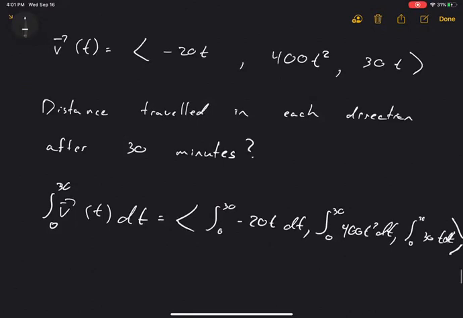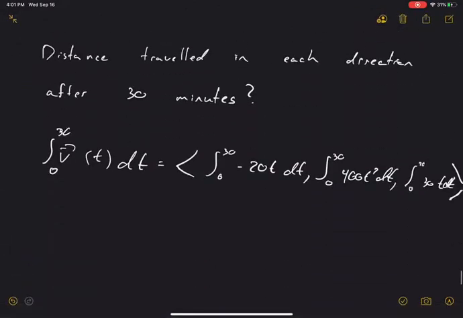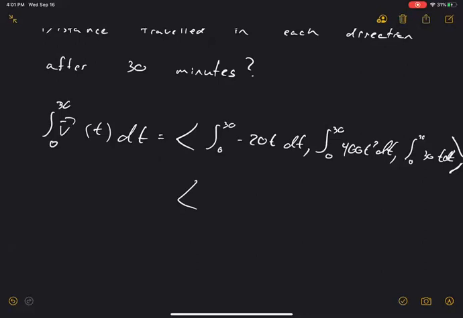Now, each of these integrals I could solve, and they're not particularly hard integrals either, right? And that's going to give me some numbers, and I'm not going to bother finding those numbers. So let's say it gives me numbers a, b, and c. Okay, how do I interpret each of these numbers?